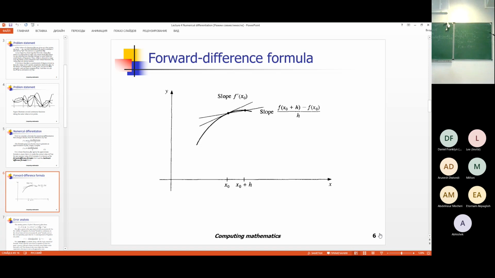I ask you to find the real value of the derivative at this point, and to find the approximated value of the derivative using h equals 0.1. Please find the real value of the derivative and the approximation using the formula that is written here.